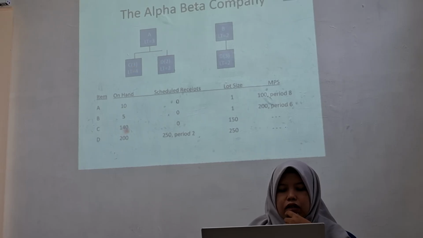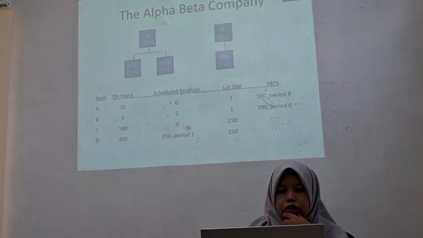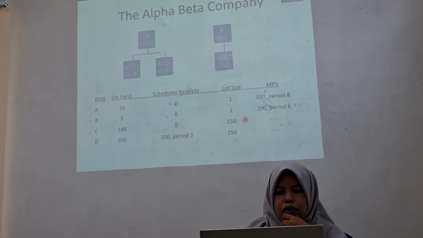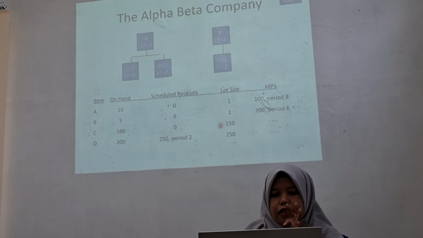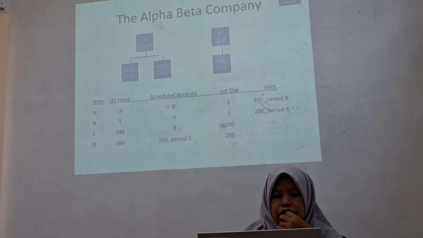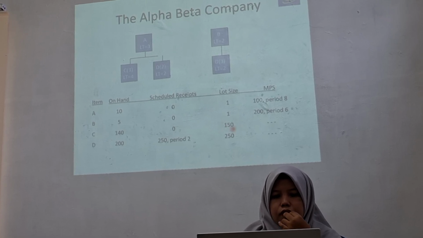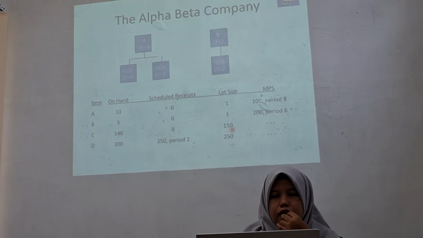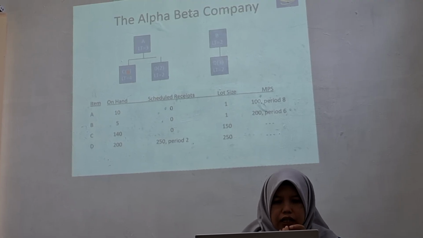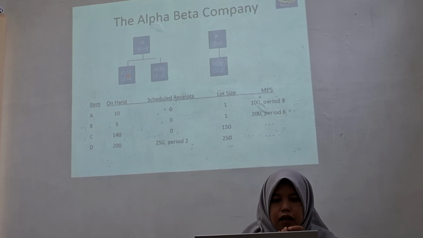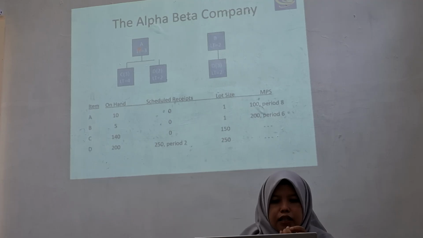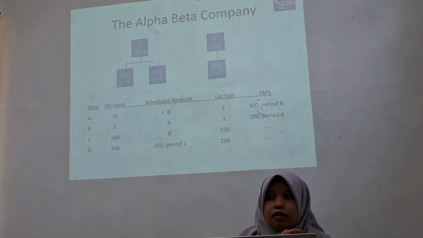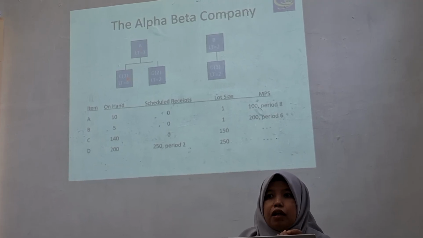C has on hand 140, safety stock 0, lot size 105. So each order is equal to this quantity. The gross requirement for C: one unit of A needs 3 C, times 3, bill of material.